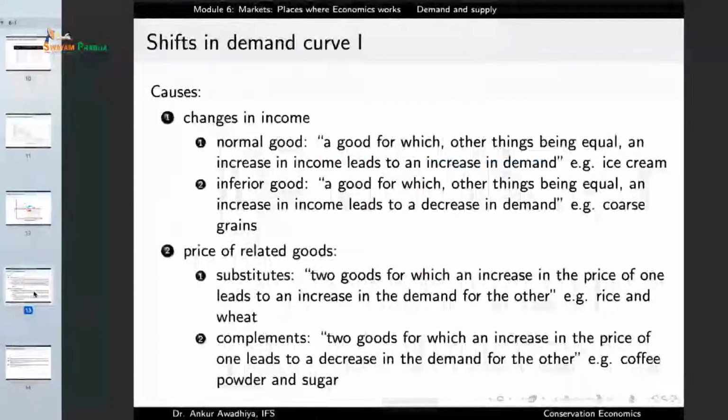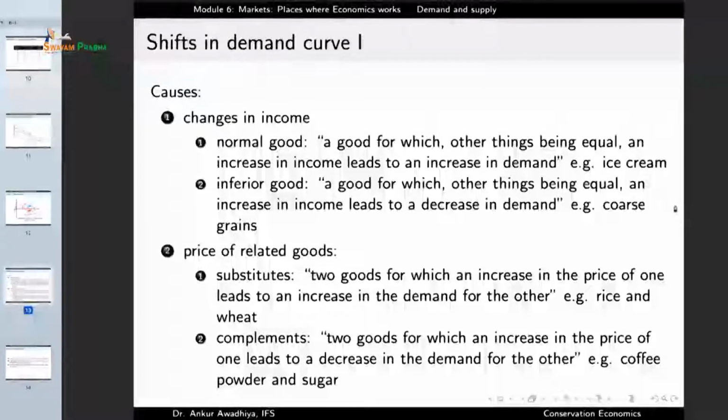Now what can cause such shifts? Things include changes in the income. So if there is a normal good and you have an increased income, then you will demand more quantity of the good. A normal good is defined as a good for which, other things being equal, an increase in income leads to an increase in demand, such as ice cream.